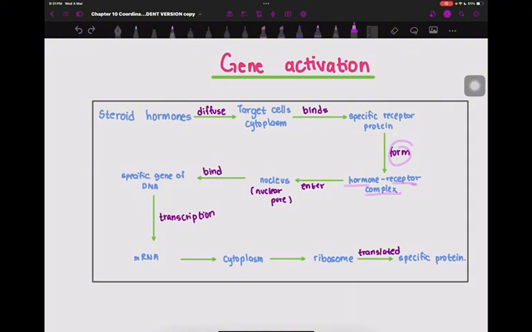This hormone receptor complex will enter the nucleus via nuclear pore, and then it will bind to specific gene of DNA and the specific gene will undergo transcription to produce mRNA. This mRNA then will exit the nucleus to the cytoplasm and the ribosome will attach to it. Then the mRNA will be translated into specific protein.